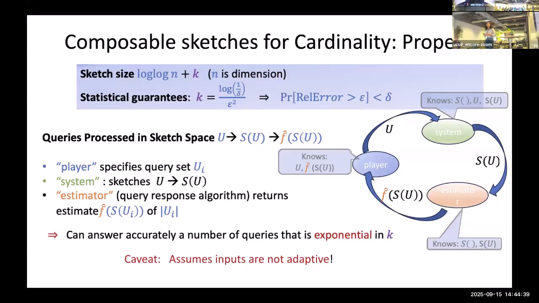For example, it could be the cardinality sketch. For these different efficient sketches that I mentioned, with high probability they answer queries correctly. They can answer an exponential number of queries in k correctly, and this is in the case that our inputs are not adaptive.